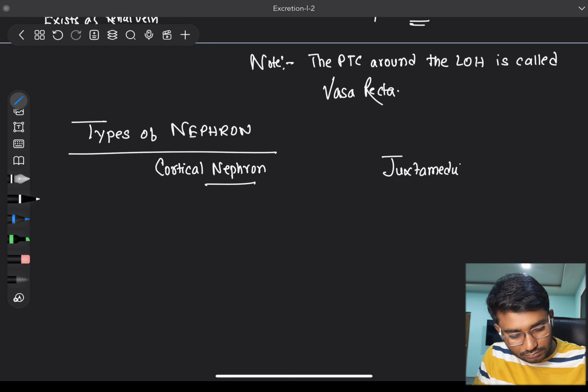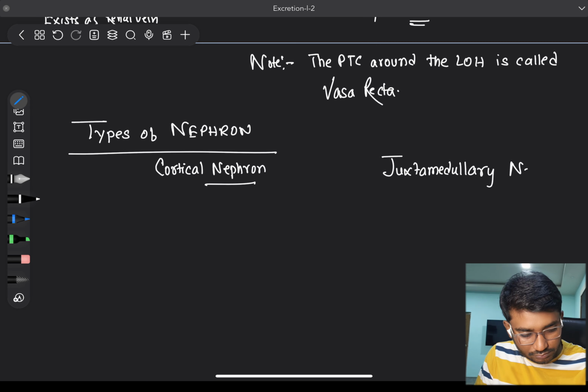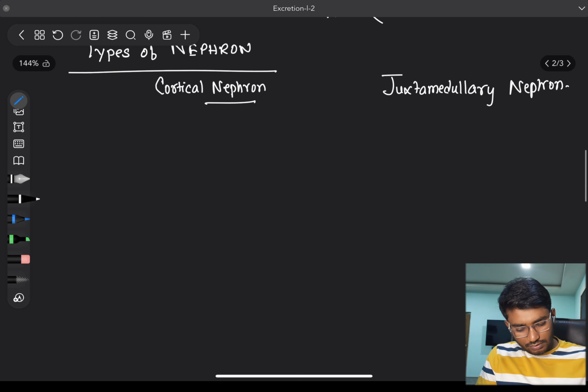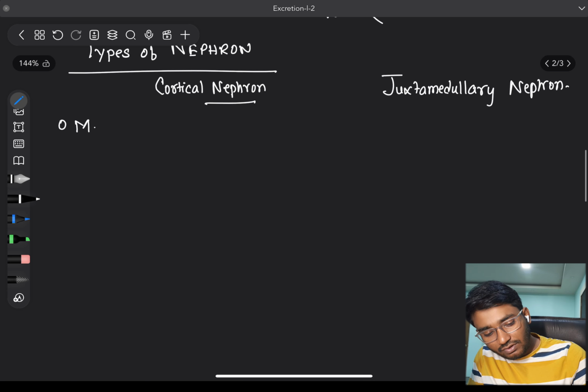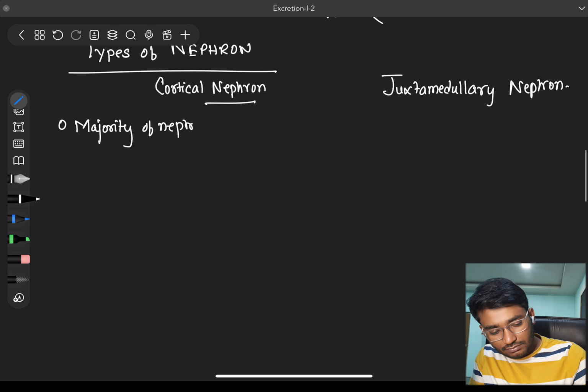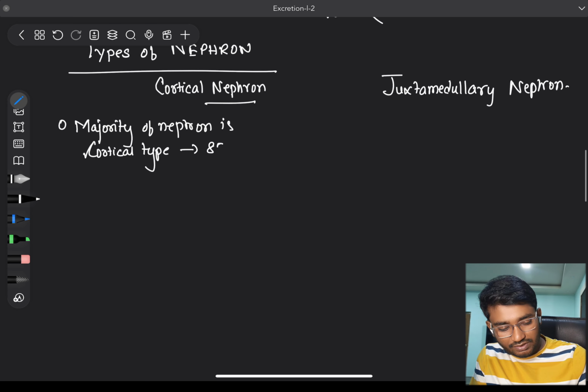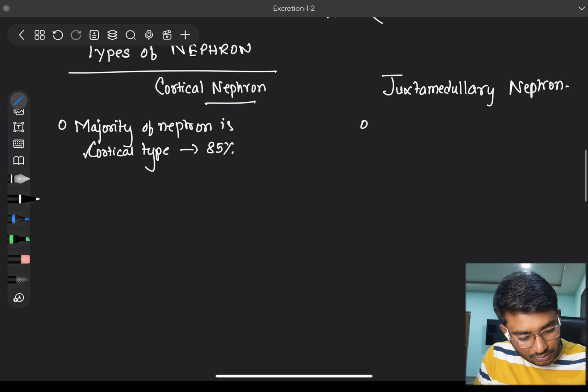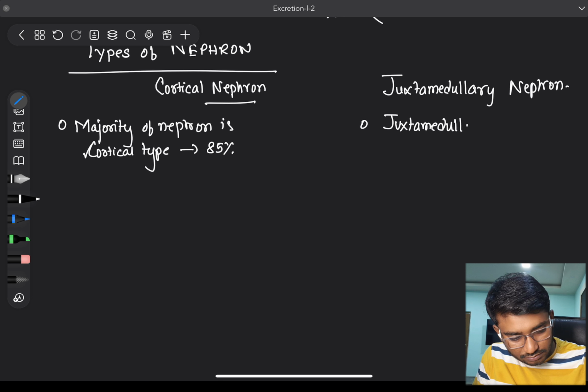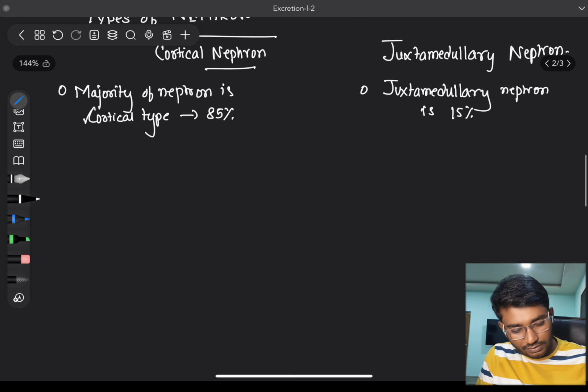The majority of nephrons are of the cortical type, 85%, and the juxtamedullary nephron is only 15%.